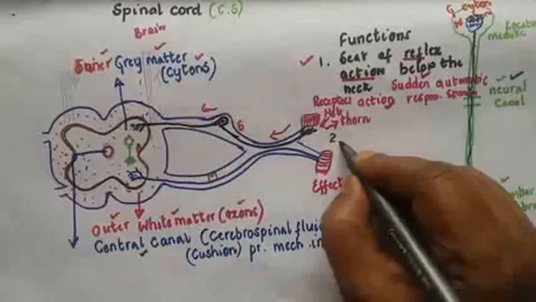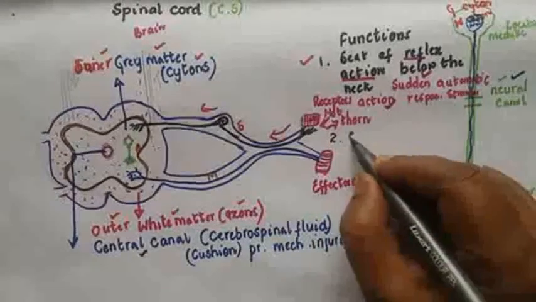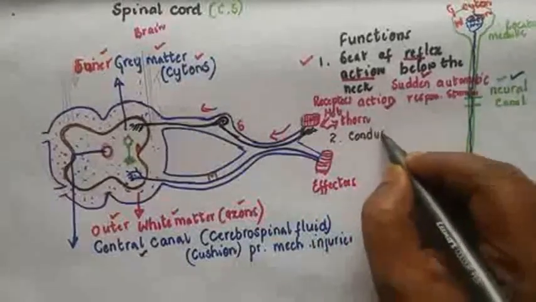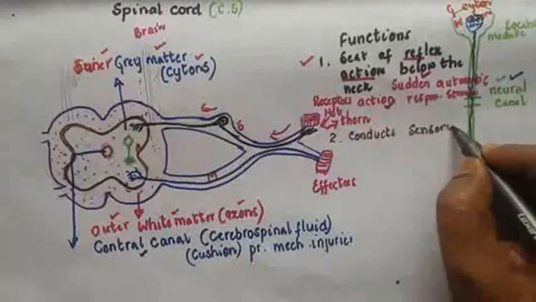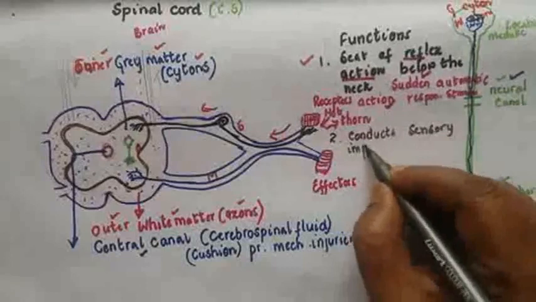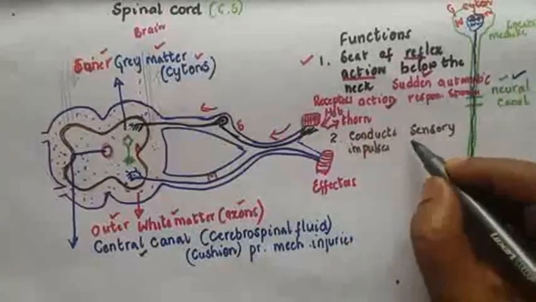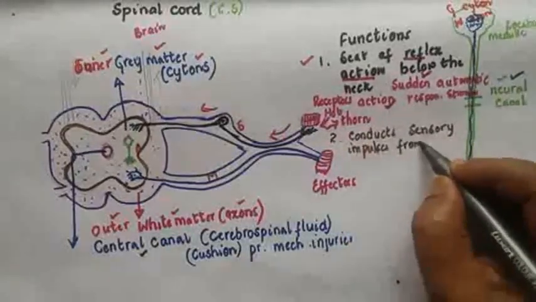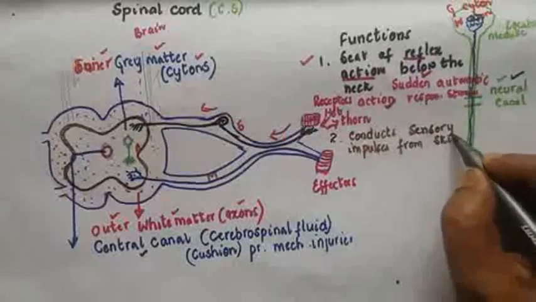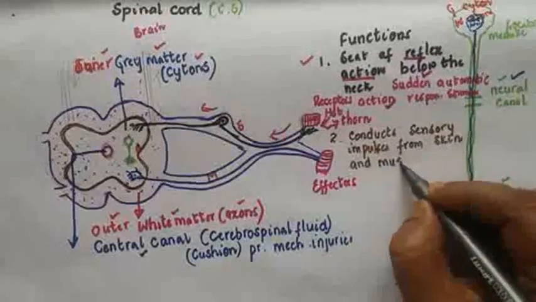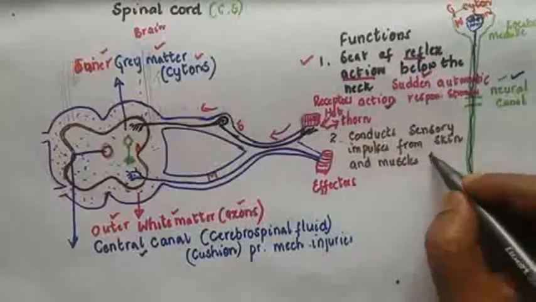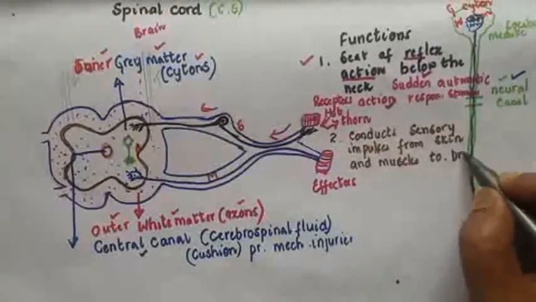So what is the second function of the spinal cord? The spinal cord conducts sensory impulses from skin and muscles towards the brain.